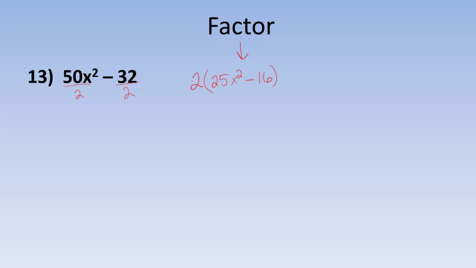So I'm going to ignore the 2 for just a minute because it will eventually drop down to wherever our final solution is. But we're going to factor just the binomial. And since it's a difference of two squares, where we have 5x times 5x and we have 4 times 4, we can write out our binomial as two binomials, 5x plus 4 and 5x minus 4.